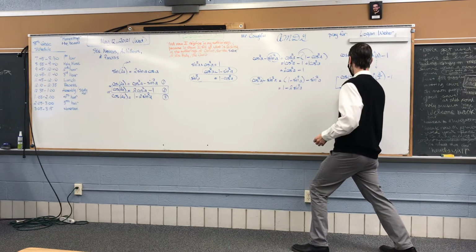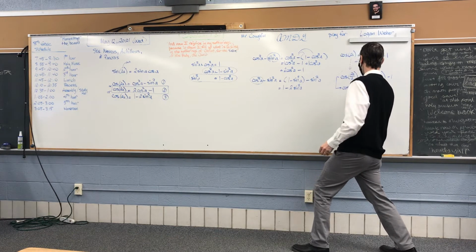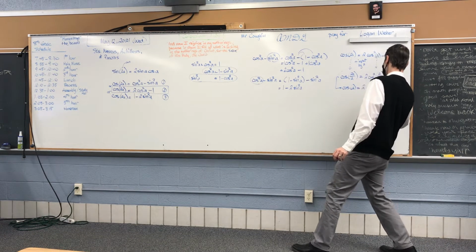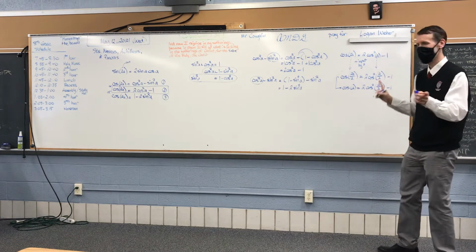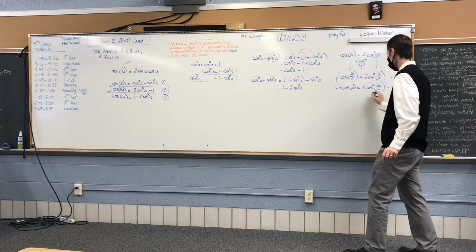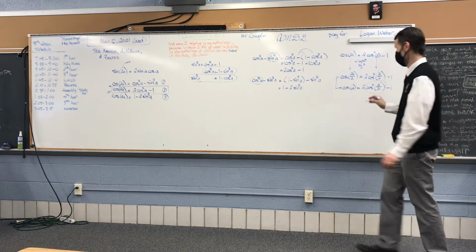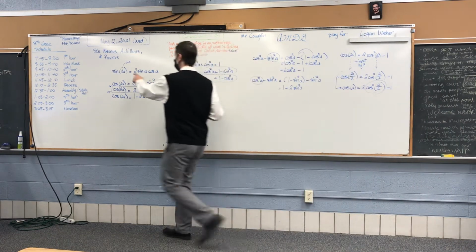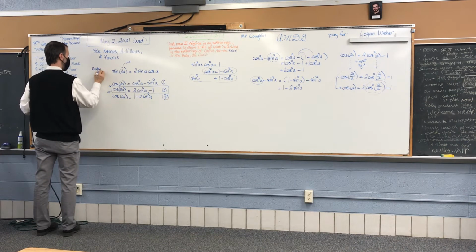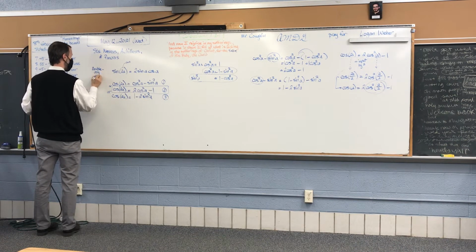It should be cosine of regular a equals 2 cosine squared of a over 2 minus 1. And yesterday, right at the end, I want to get this cosine of a over 2 by itself. Because this is called a double angle formula. These are the formulas.